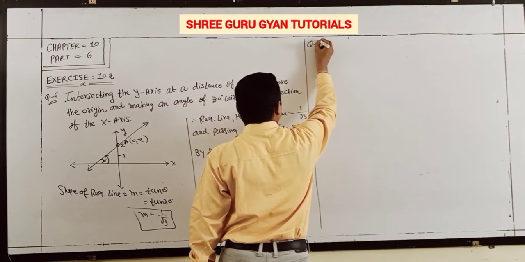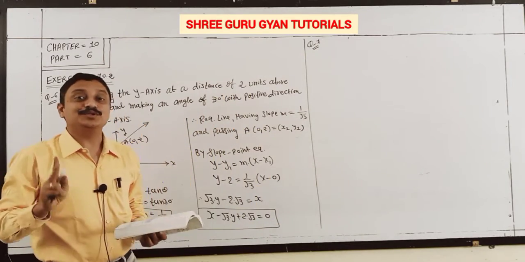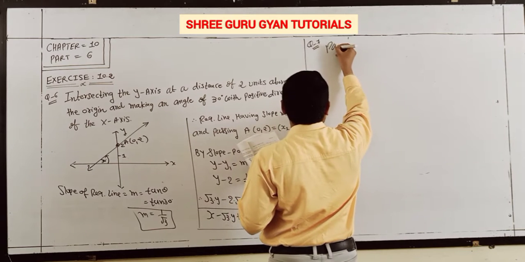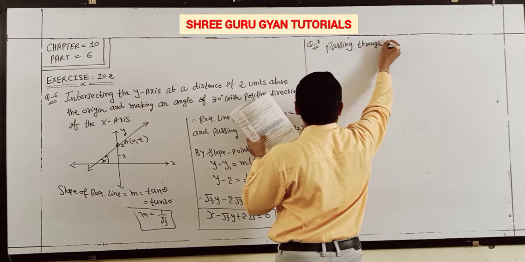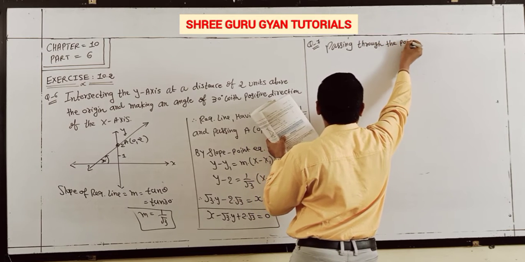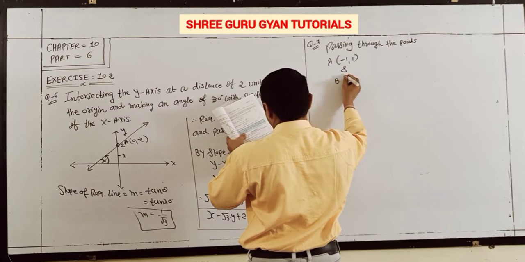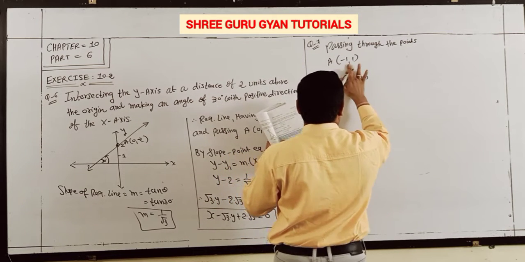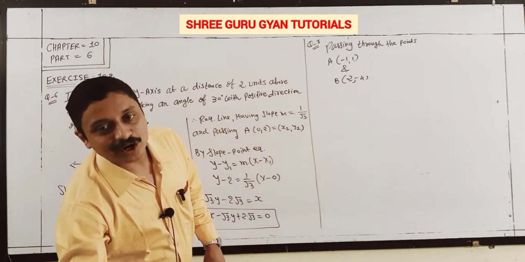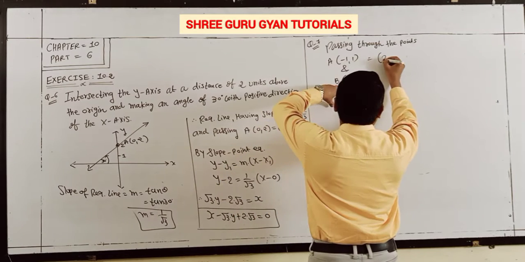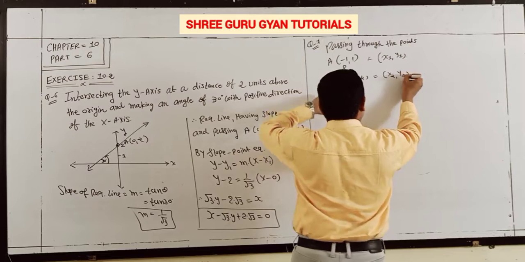Now continue with question number 7. Find the equation of the line passing through the points A(-1, 1) and B(2, -4). Students, you just take (-1, 1) as (x1, y1) and B(2, -4) as (x2, y2).